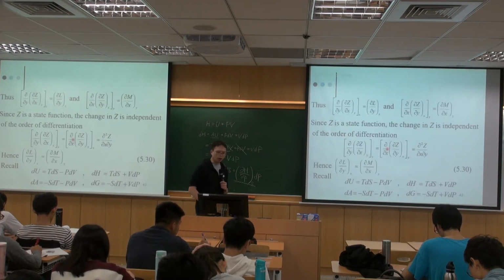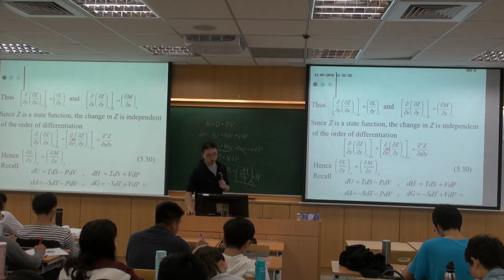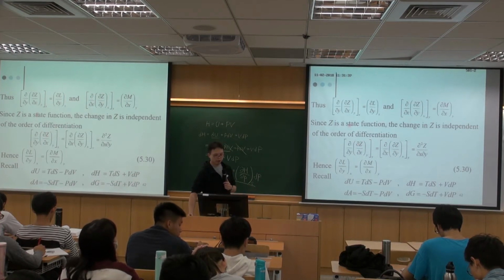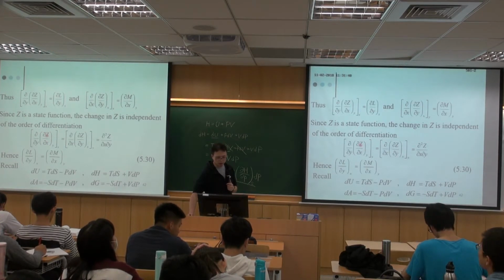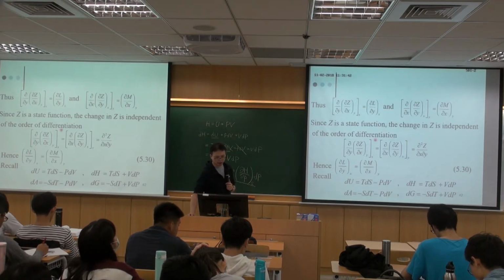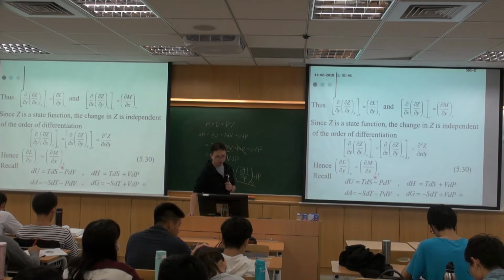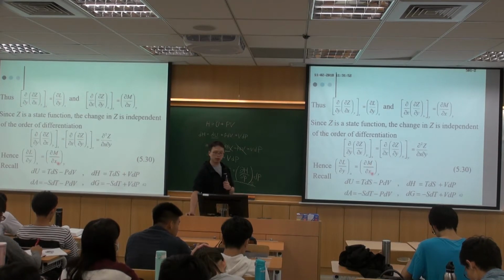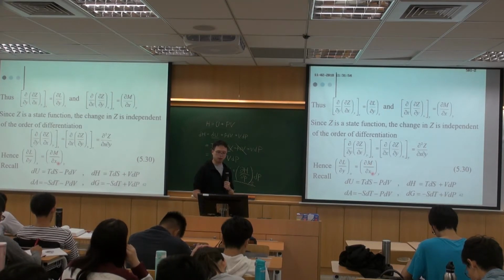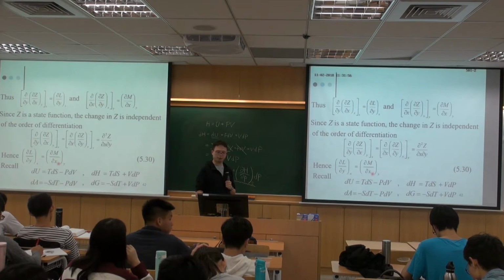And we know that since this is a perfect differential, if we take a further derivative of this partial z, partial x, which is denoted as L, and take partial L, partial y, it will be the same as the other mixed derivative, partial M, partial x, because z is a perfect differential. I think we did the same thing in the first chapter, right?